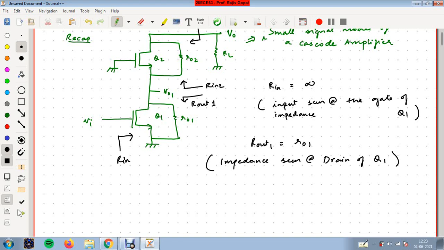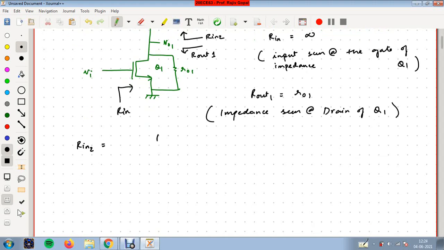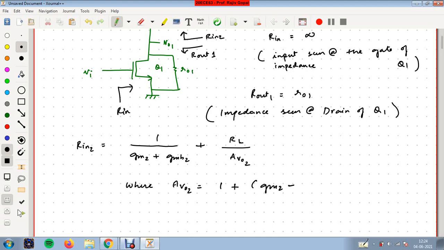Next, we have R in 2. We have written it as 1 by gm2 plus gmb2, plus RL divided by Av02, where Av02 is equal to 1 plus gm2 plus gmb2 into R02.